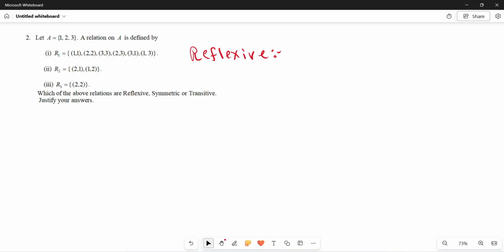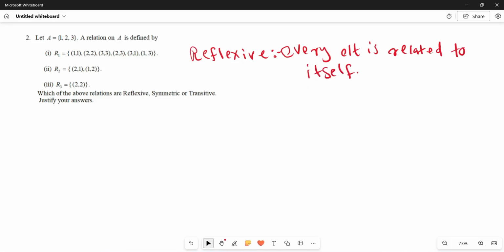If each of those elements is related to itself in the relation, we call it reflexive. That is, every element is related to itself.